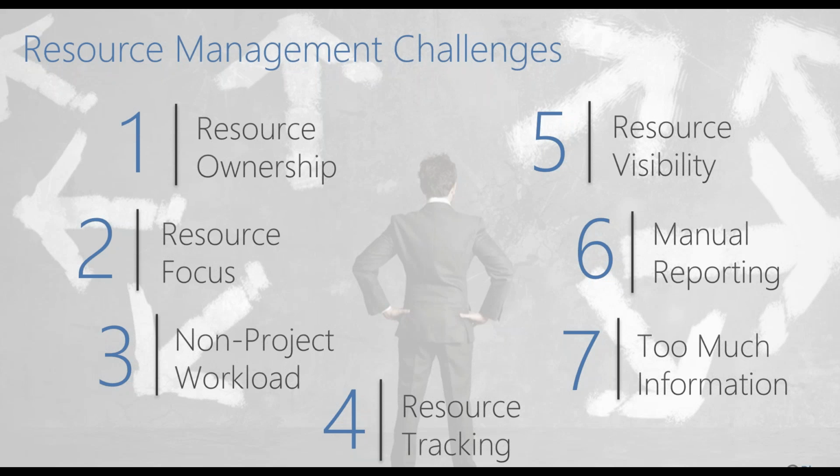We talked about resource visibility earlier, and if you don't have visibility into what the plan is, or what things are actually transpiring once we begin to execute, it's very difficult to assess where we're at and adjust as needed, and do it in a timely fashion where we might still be able to have some impact and to correct any issues that we might have.